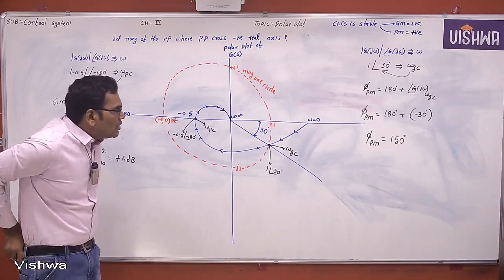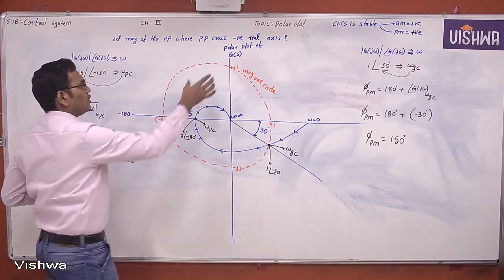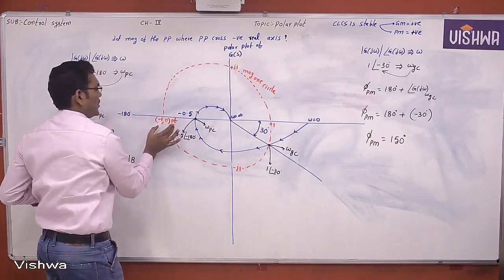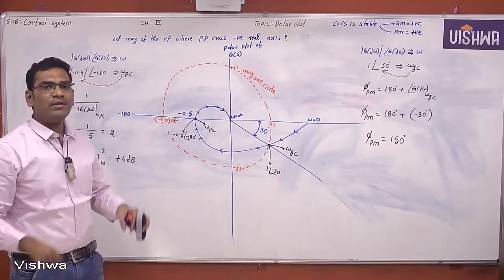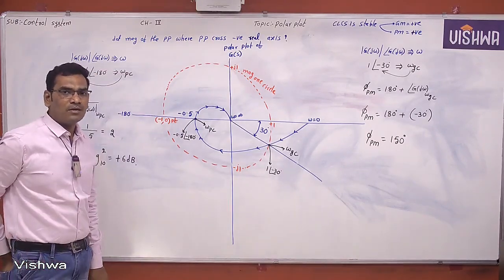Understand or not? So this is the way to find the gain margin and phase margin for the given polar plot. This is the open loop transfer function and this is the minus 1 comma 0 point. The link between the open loop transfer function and that point is nothing but the closed loop control system relation.